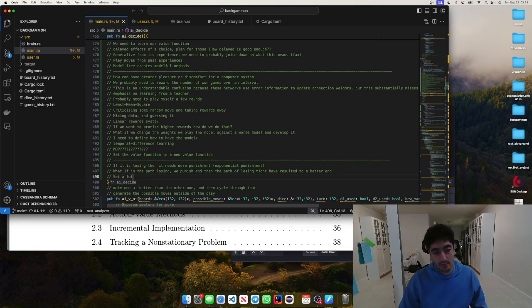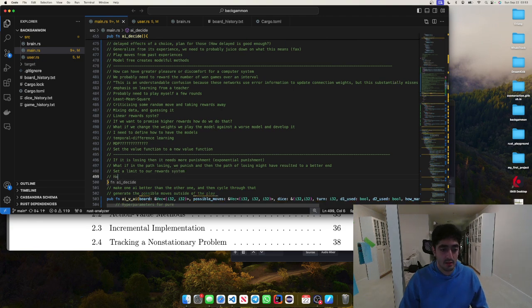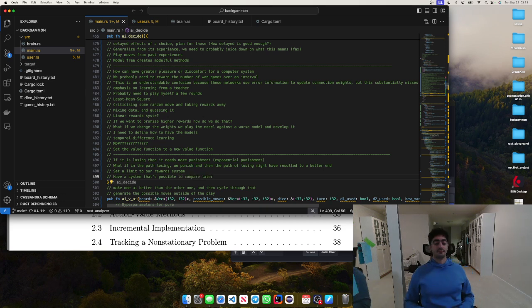So the limit to our reward system has system that's possible. Compare later.